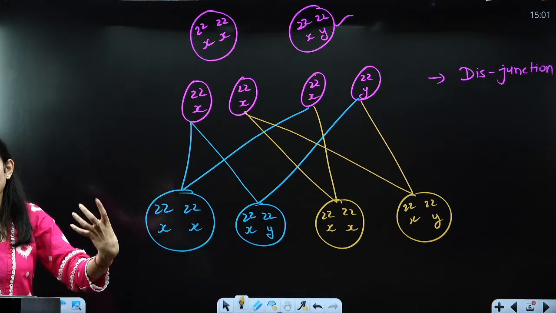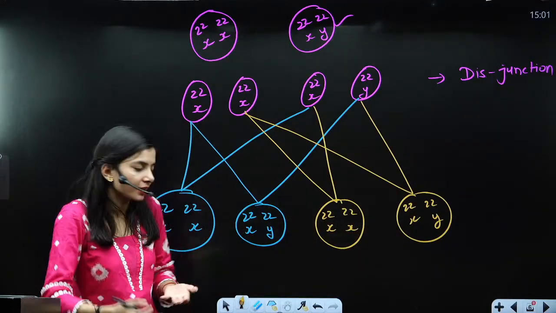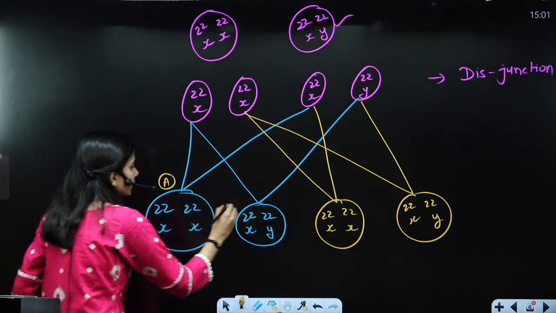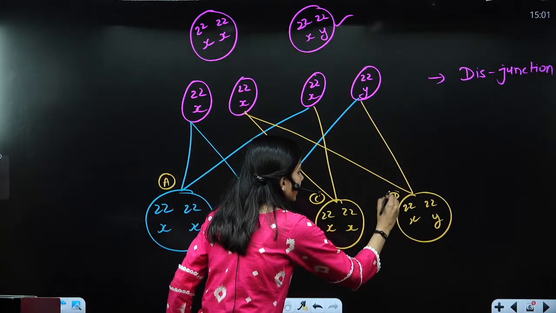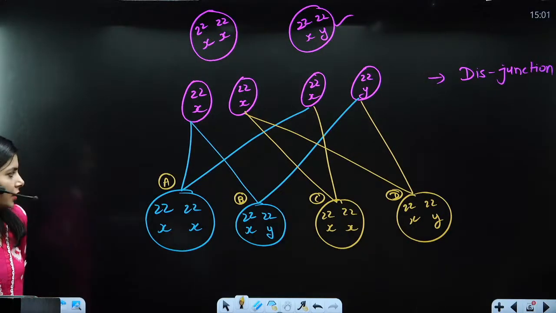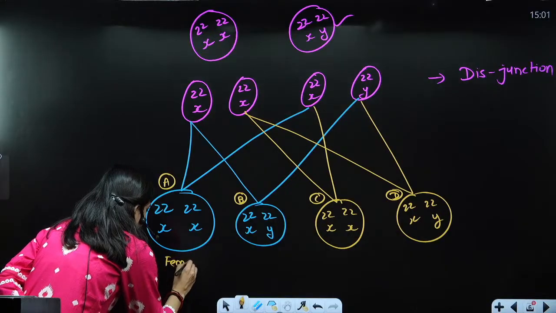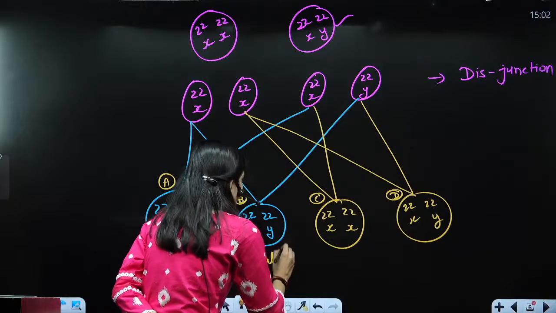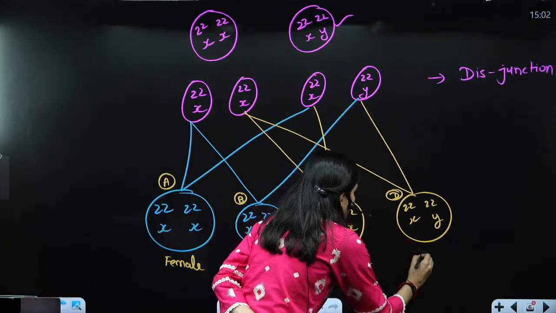Out of the probability, one is chosen, and that defines the gender. So just tell me the gender of A, then the gender of B, then of C, and of D. The gender for A is going to be female. Gender for B is going to be male. Gender for C again female. And for D again male.